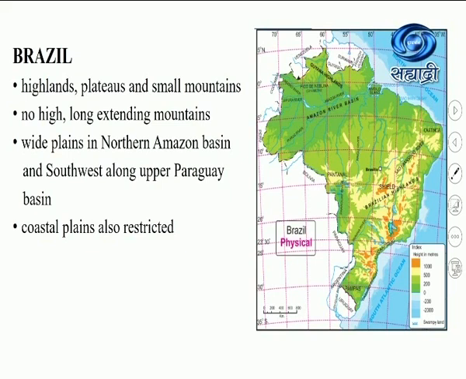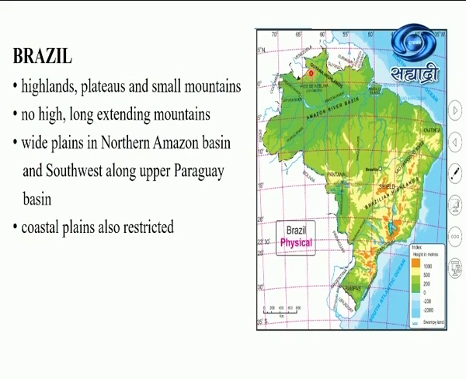In Brazil, you will find highlands, plateaus and small mountains. Now, unlike India, where we had the Himalayan mountain chain system, here in Brazil you will not find any mountain range. A peak or small mountains may be found, but not a mountain range. So no high or long extending mountains are found in the Brazilian region.